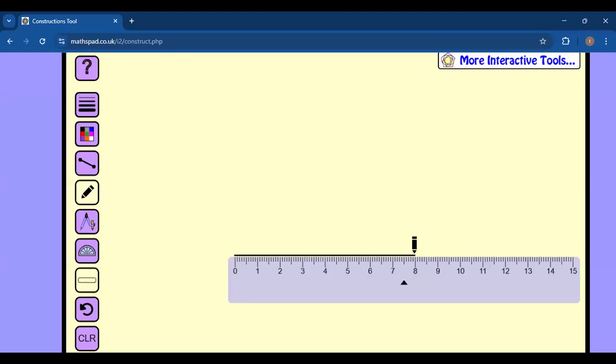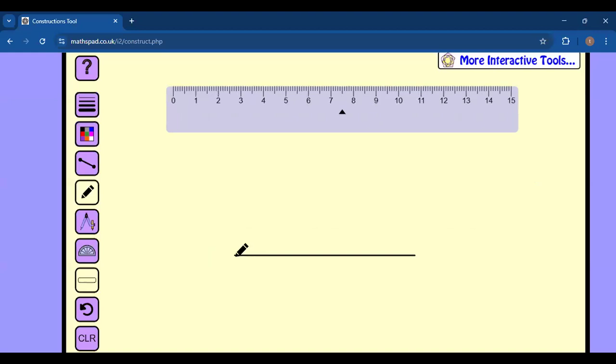Then I'm going to bubble this in, make this a point, and do my arrows like that. I'm going to call this M, and I'm going to call this N.